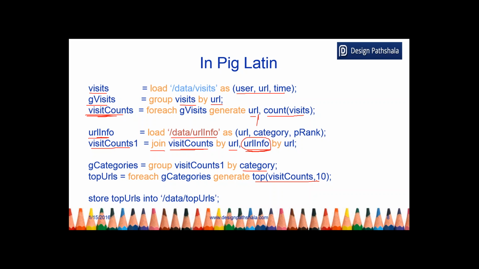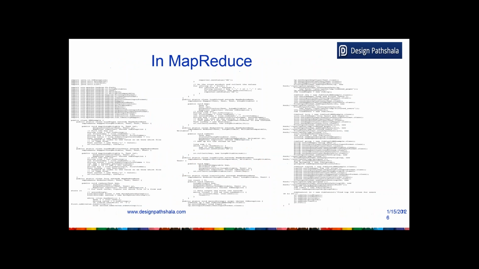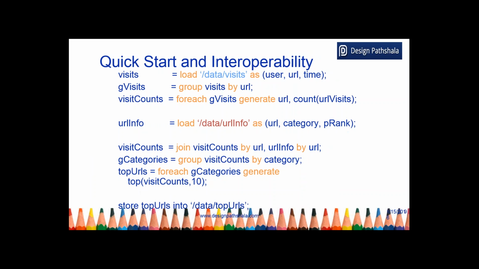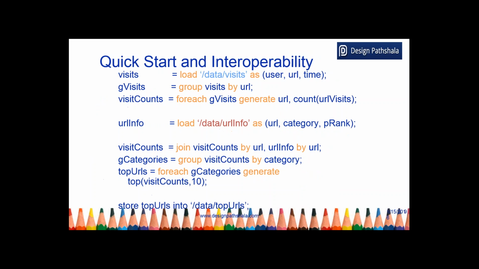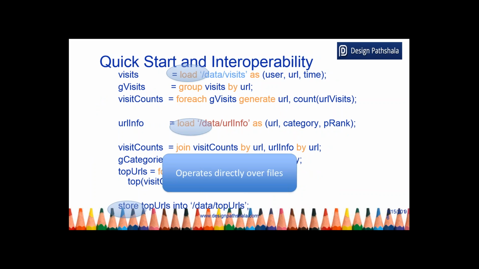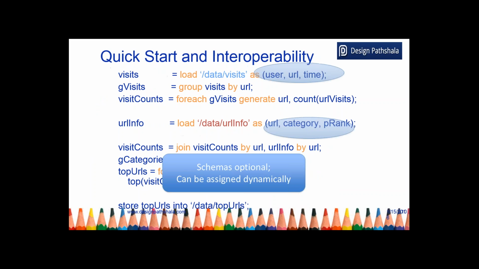If I have to write it in MapReduce, this big is the code. There are different syntaxes used in this program, like load, which basically works on the file, or store, which basically works over the file. This is a schema.